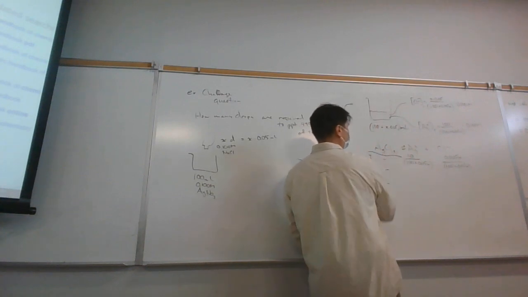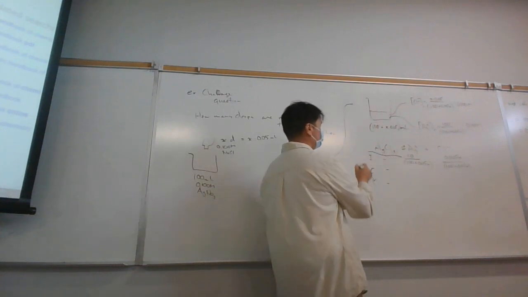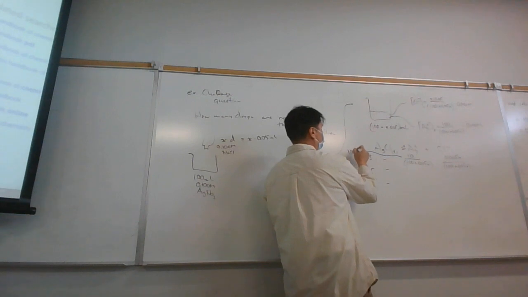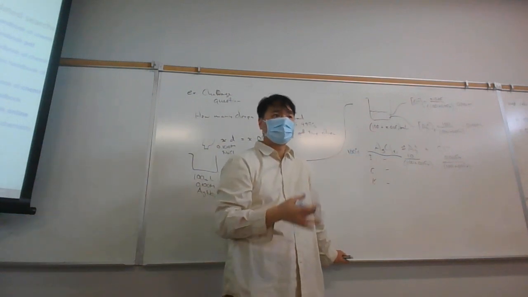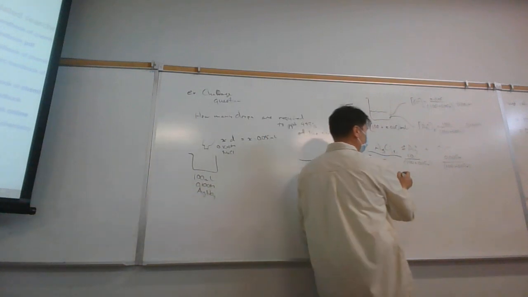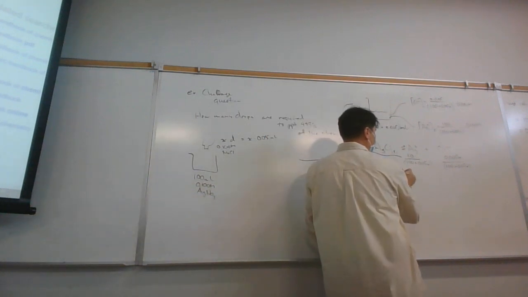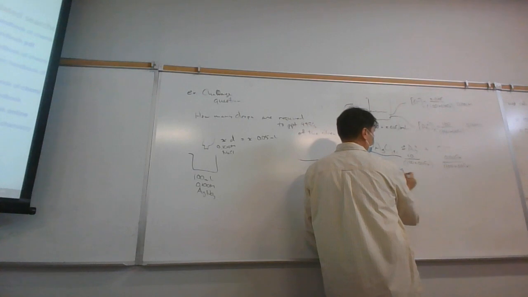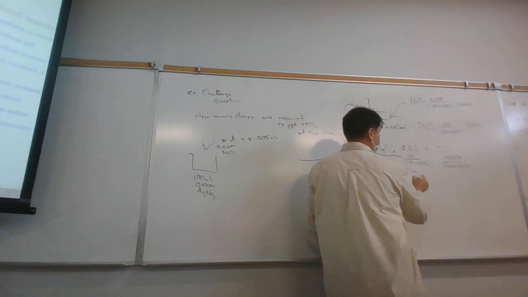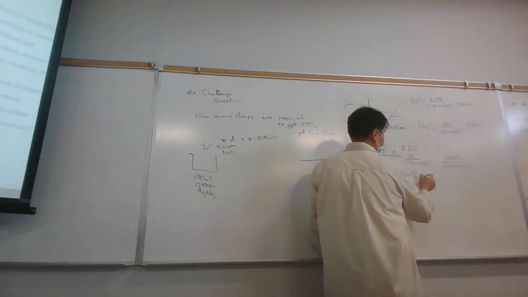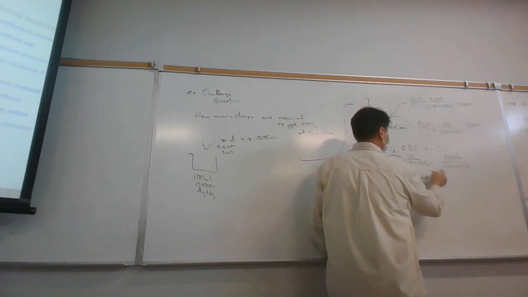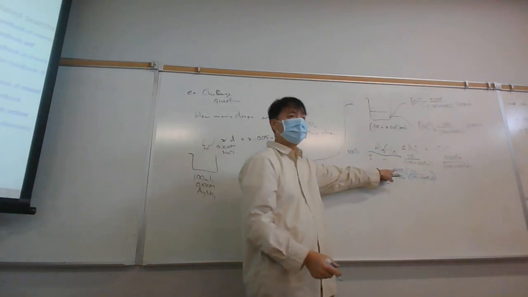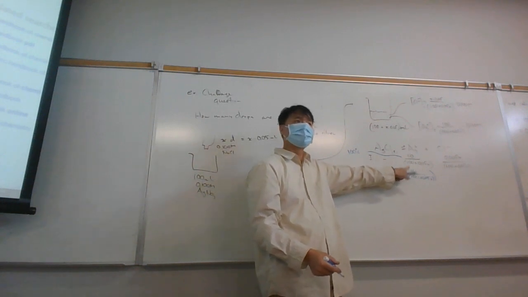Well, we have to lose, so this is the 100%, and then we're going to lose 99.9% of this. 99.9% would be 99.9 parts out of 100 that we're going to lose.